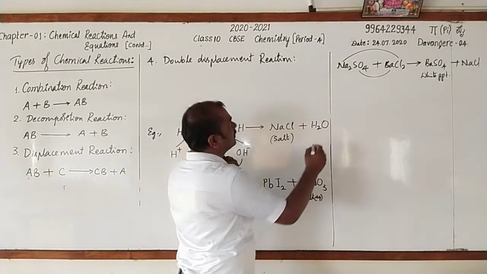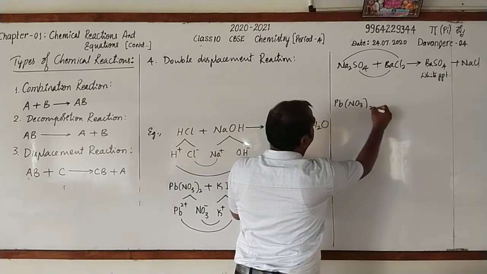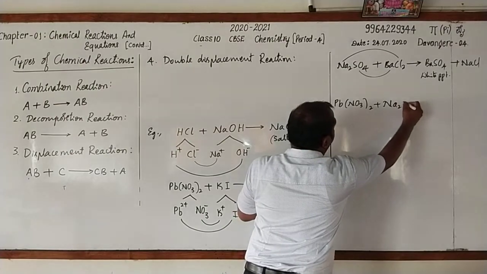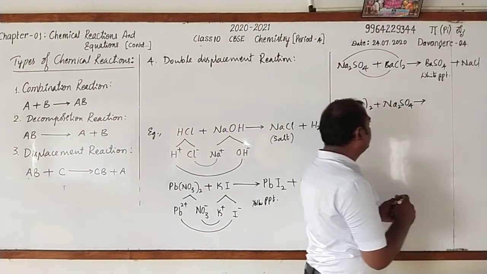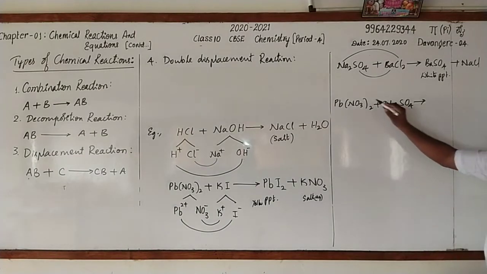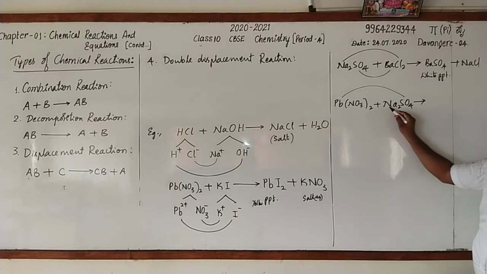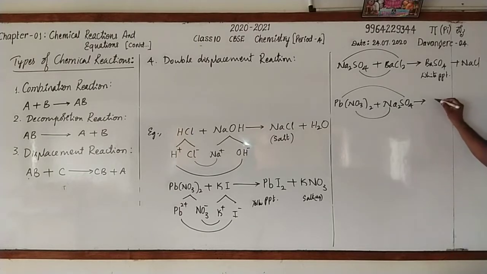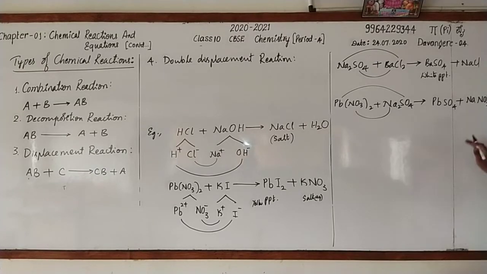That is, Pb(NO3)2 plus Na2SO4. Hope that you are able to tell the names of the compounds that are formed. Yes, you are right. One is PbSO4 plus NaNO3, is it not?